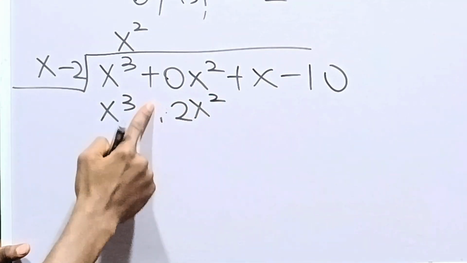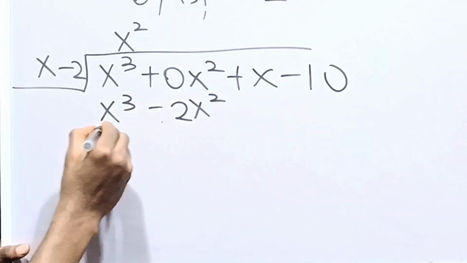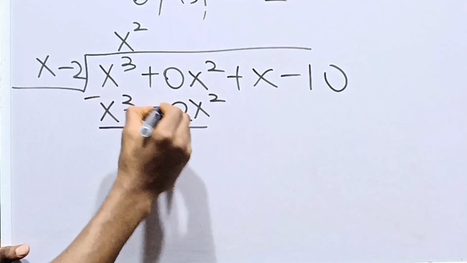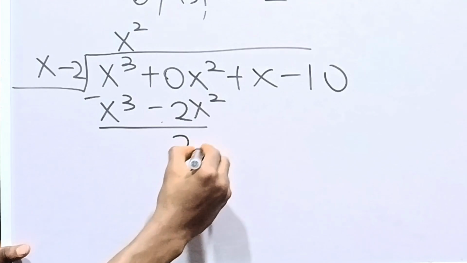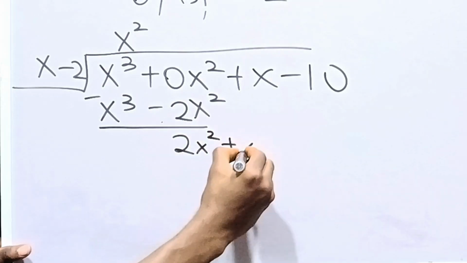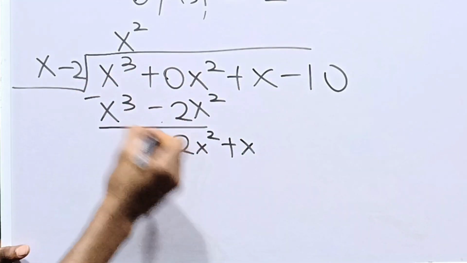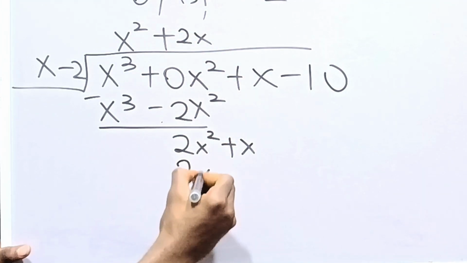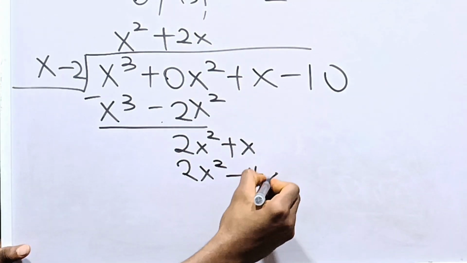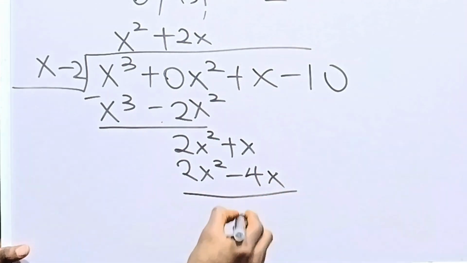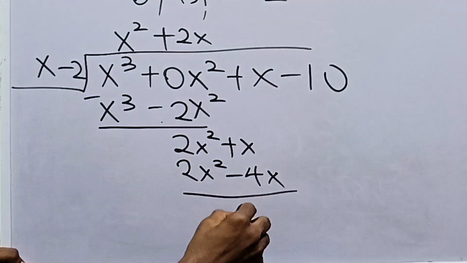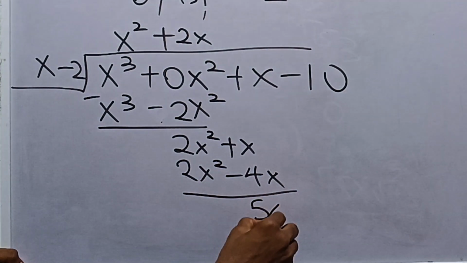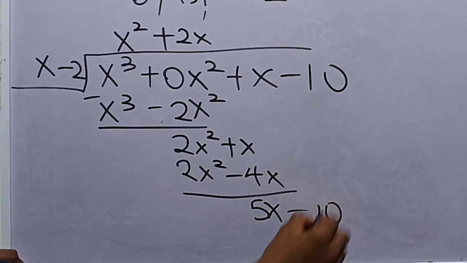Oh, sorry, this is minus times minus 2, which is minus 2x squared. We subtract, so we have minus times minus is plus, so we have 2x squared plus x. When we divide again, we have plus 2x. Multiplying, we have 2x squared minus 4x. When we subtract again, we have plus 5x minus 10.